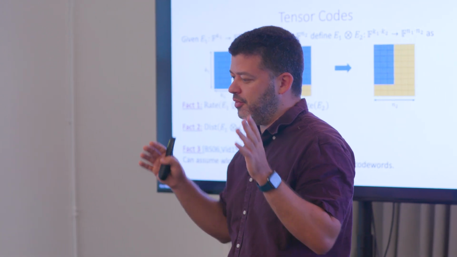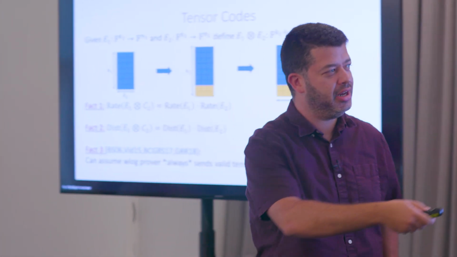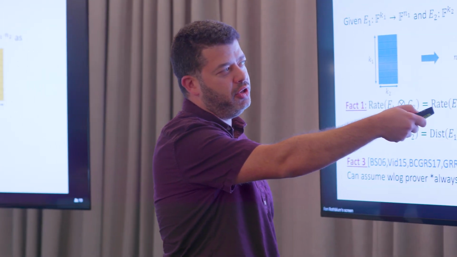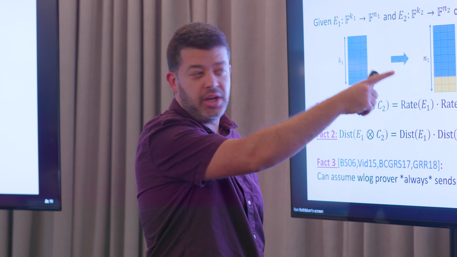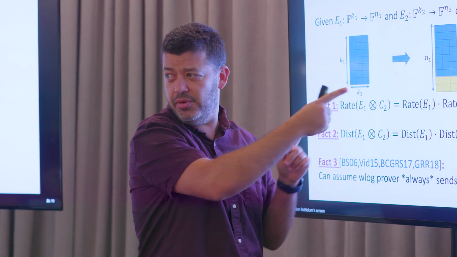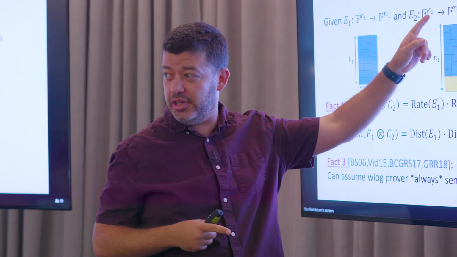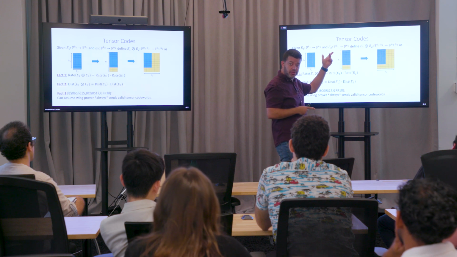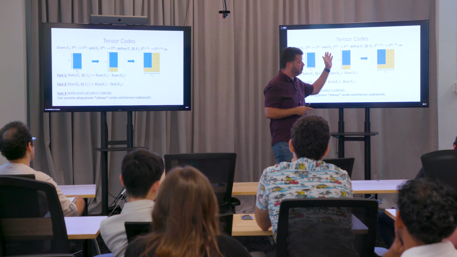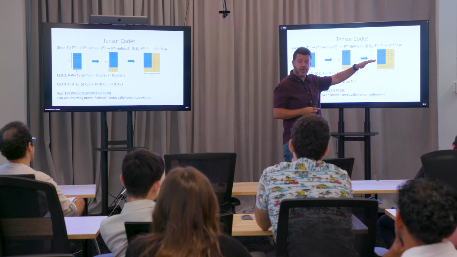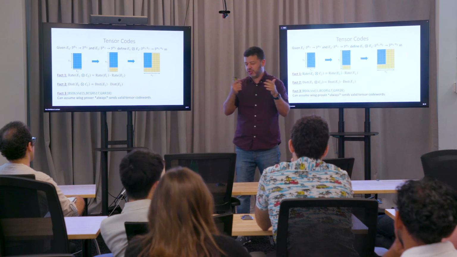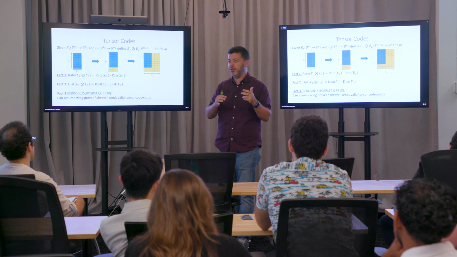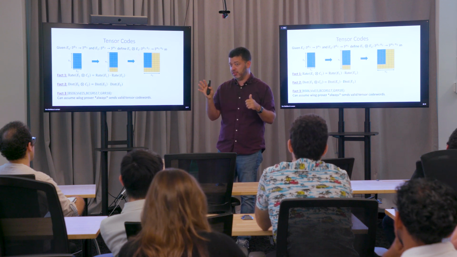Now you could think of the code that I described here. If you look at the rows, they should all belong to the code E2. And the columns, because I said you can reverse the order of stuff, all the columns should belong to E1. So a natural test would be, if the prover made a lot of corruptions, choose a random row or column and check that they belong to the corresponding code. And that way you could catch a prover that makes a lot of corruptions.